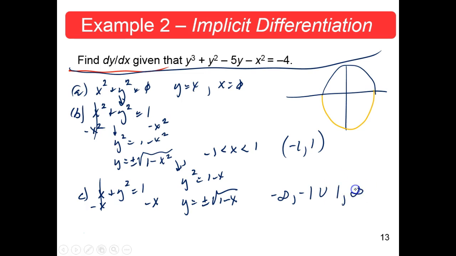I know infinities have parentheses. What about the minus ones and ones? Brackets on both of them? I think so. Okay, we'll see.